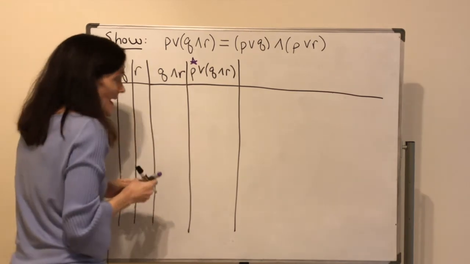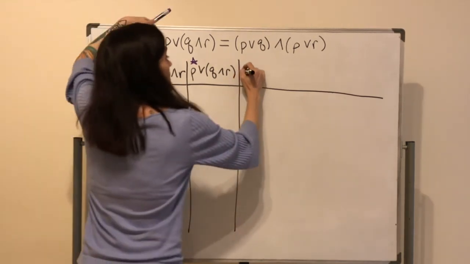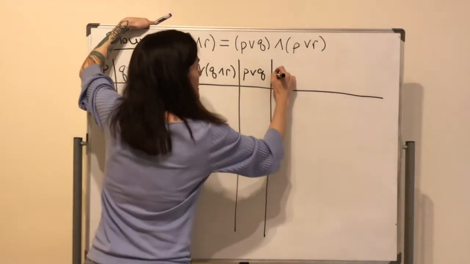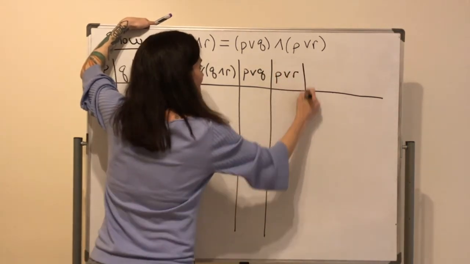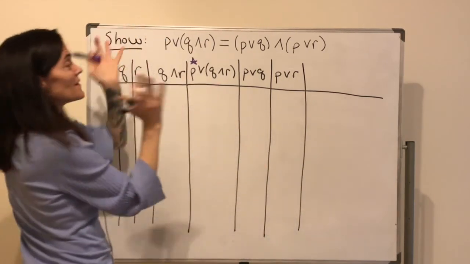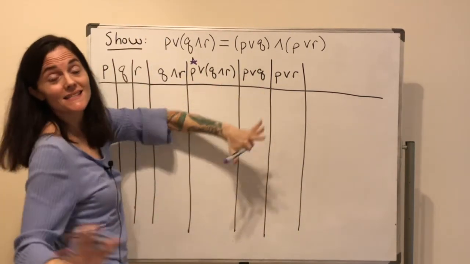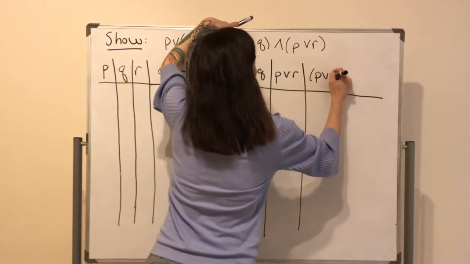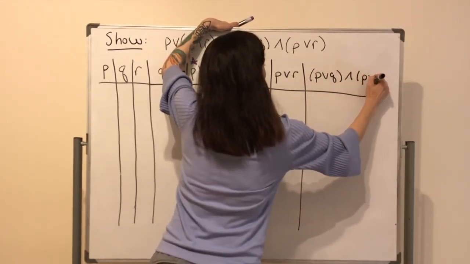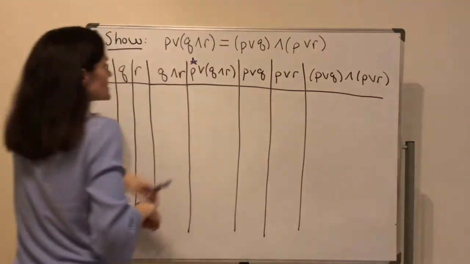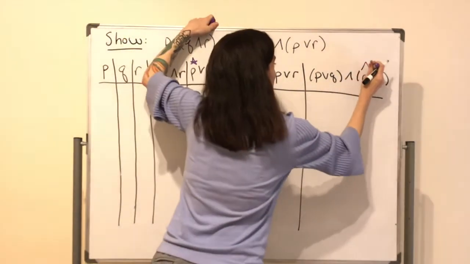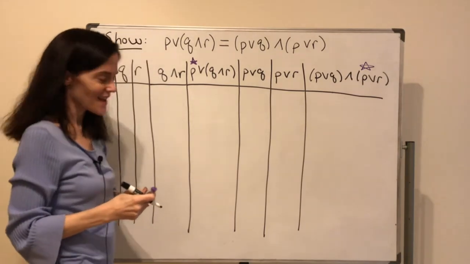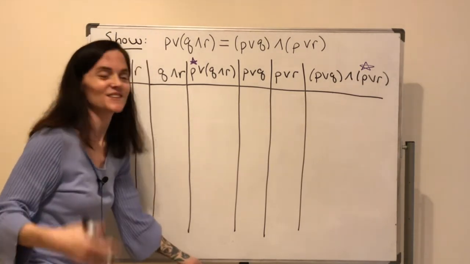Okay, then I need P or Q. I need P or R. And then the final column, I take this, and I AND it with this: (P or Q) and (P or R), like this, okay? So this will be the right-hand side, and I should get the same pattern of T's and F's, and then I will have justified the logical equivalence.